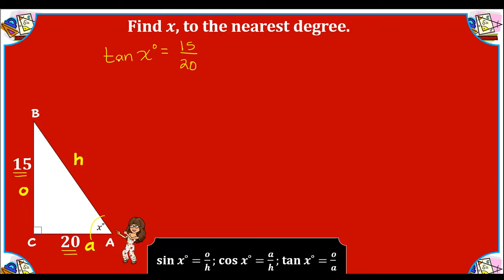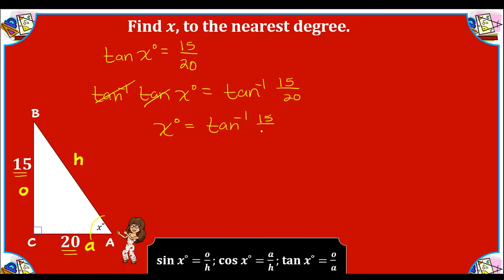We need to undo tangent, so we're going to use the inverse of tangent. Whatever we do to the left, we also have to apply to the right. So x is equal to the inverse tangent of 15/20.